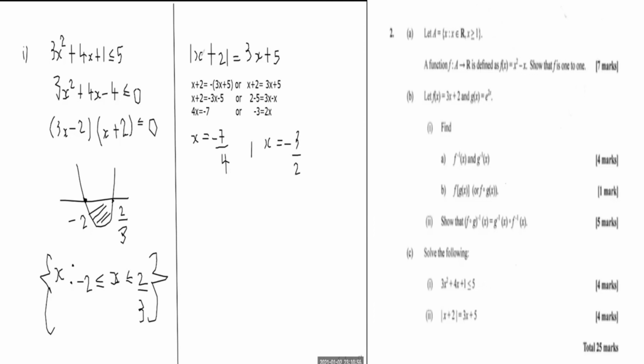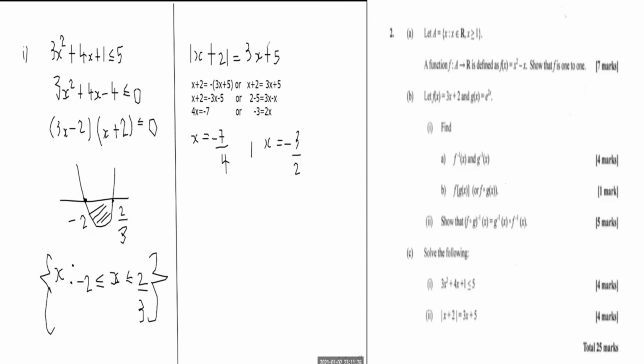So try it. Just to test it out, negative 7 over 4 plus 2, and 3 times negative 7 over 4 plus 5.